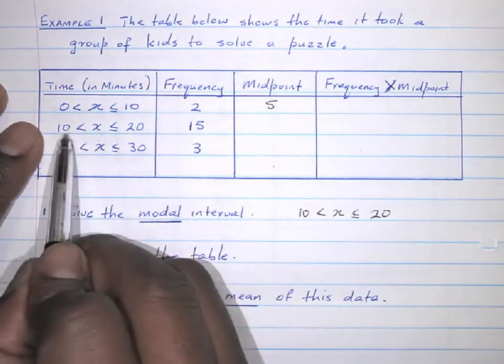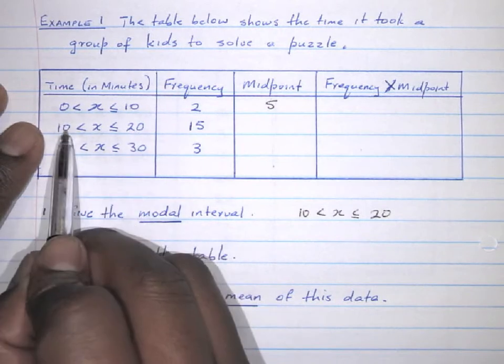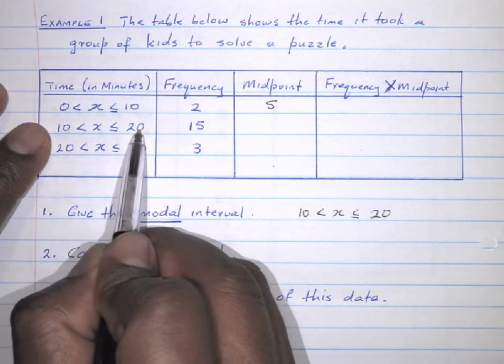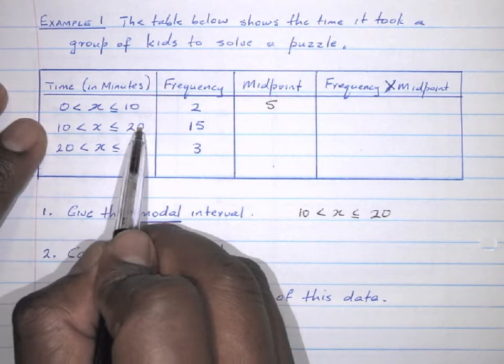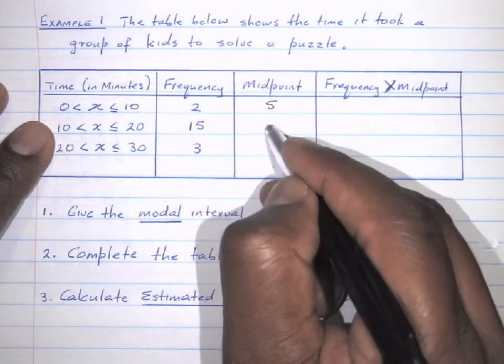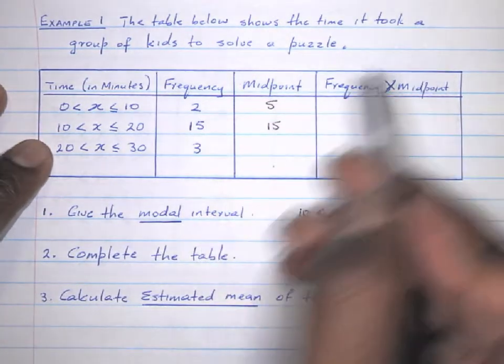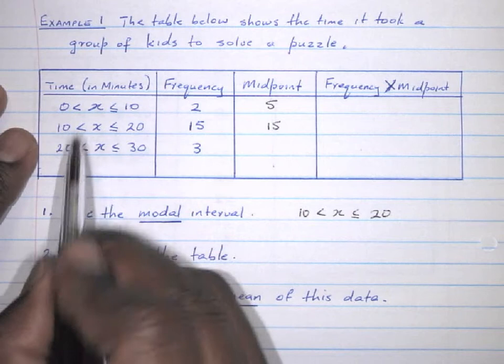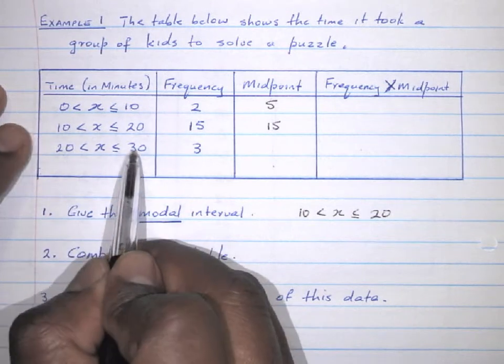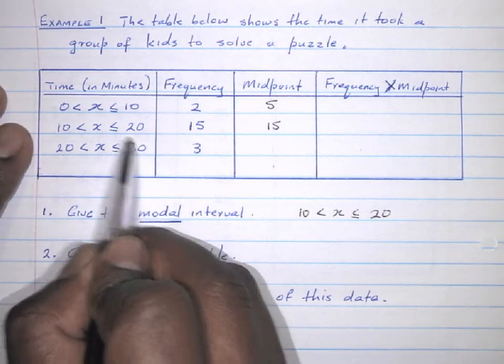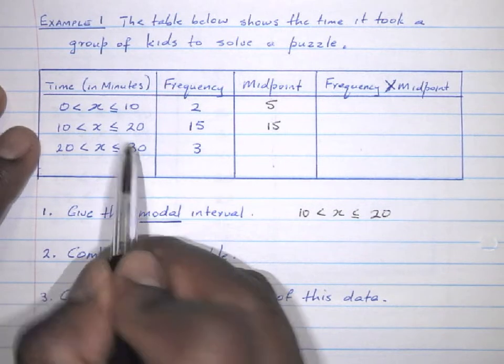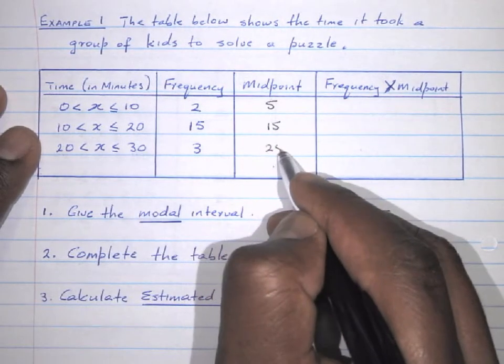Again, 10 plus 20 is 30, and 30 divided by 2 is 15. Again, 20 plus 30 is 50, and 50 divided by 2 is 25.